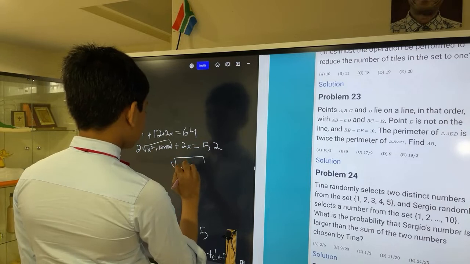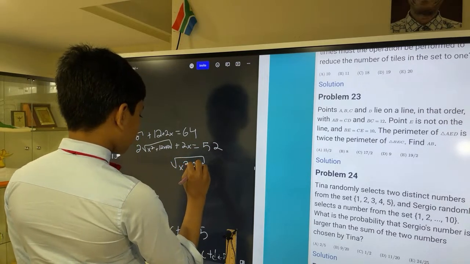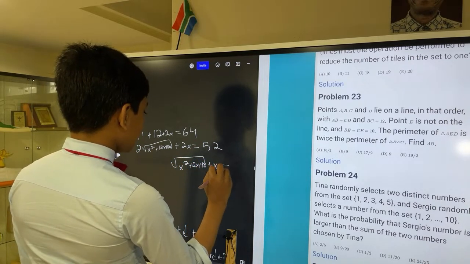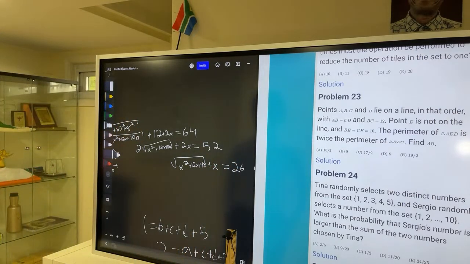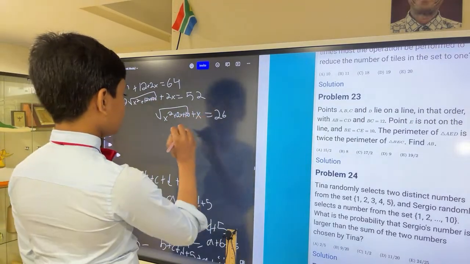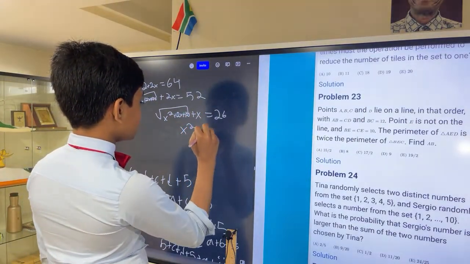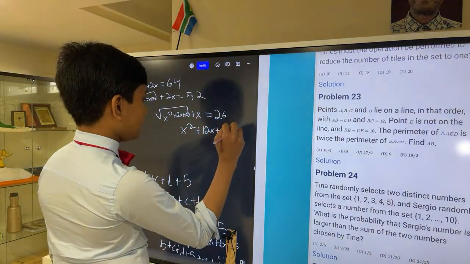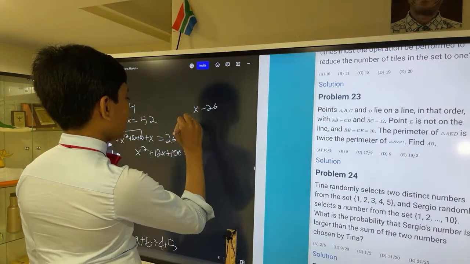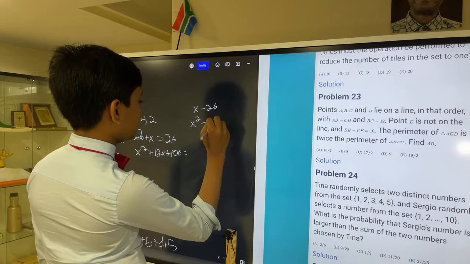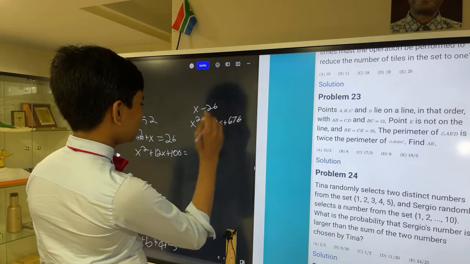So we have root x squared plus 12x plus 100 plus x is equal to 26. Alright, we're getting somewhere. So x squared plus 12x plus 100 is equal to, what's 26 minus x, squared? x squared minus 52x plus 676.